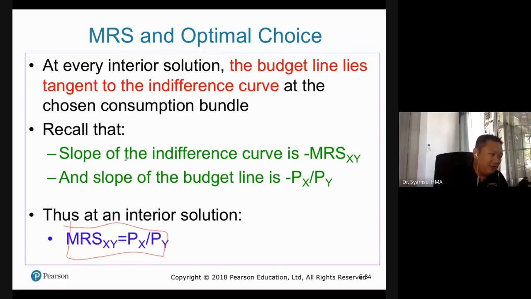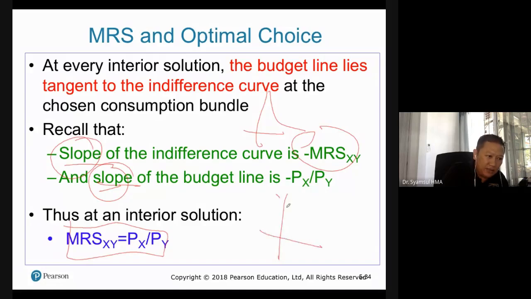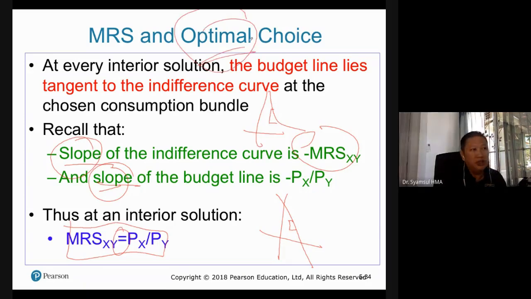Correct, actually the more precise answer is the slope. Your answer is 80% right. The slope of the MRS and the slope of the budget line must be the same. Then that's where your optimal choice is.